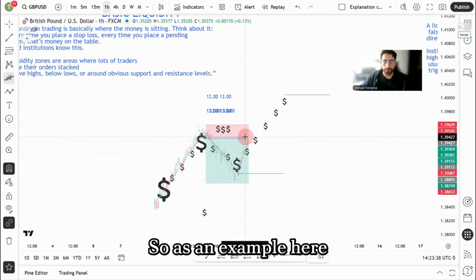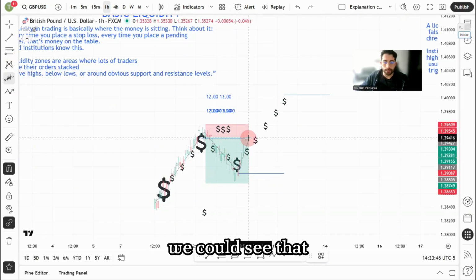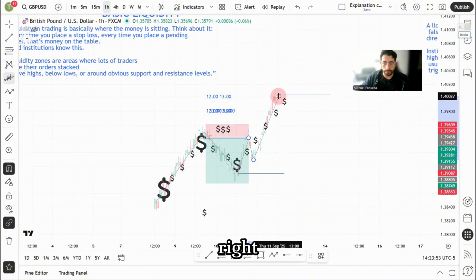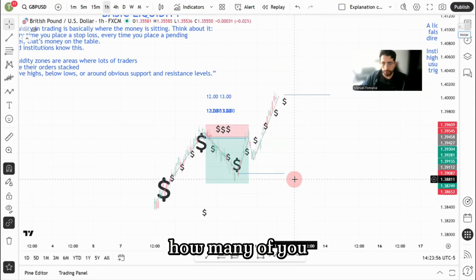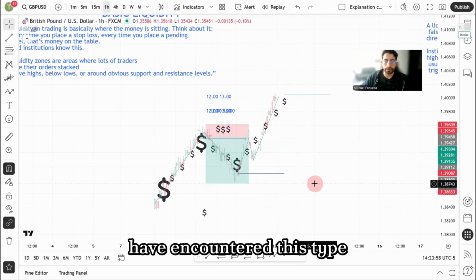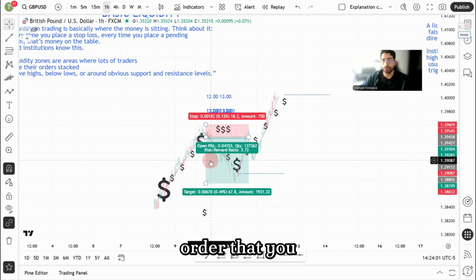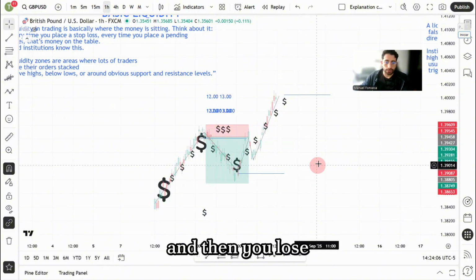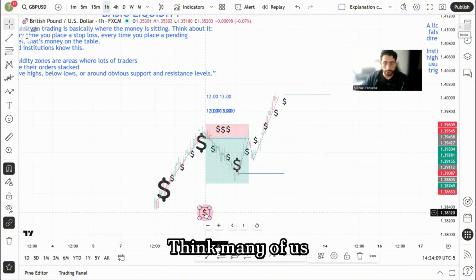So as an example here, we could see that the price goes down to give us certain insight of selling, but then it keeps pushing up, right? The question here is, how many of you have encountered this type of situation, in which you put an order that you thought it would be positive, but then the price keeps pushing up and then you lose that order? I think many of us have suffered that.